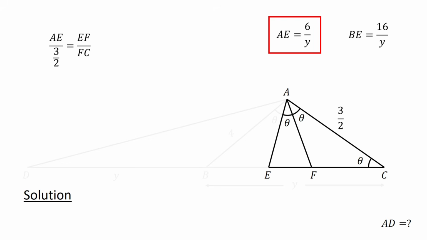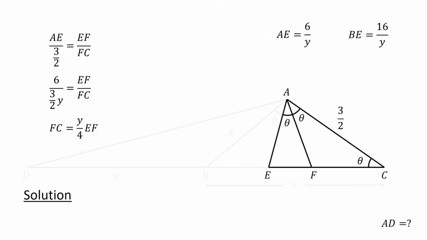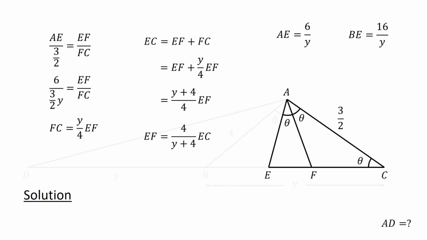Since AE equals 6 over y, we have 6 over 3 over 2y equals EF over FC, or FC equals y over 4 times EF. Since EC equals EF plus FC, which equals EF plus y over 4 times EF, we have EC equals y plus 4 over 4 times EF, or EF equals 4 over y plus 4 times EC.